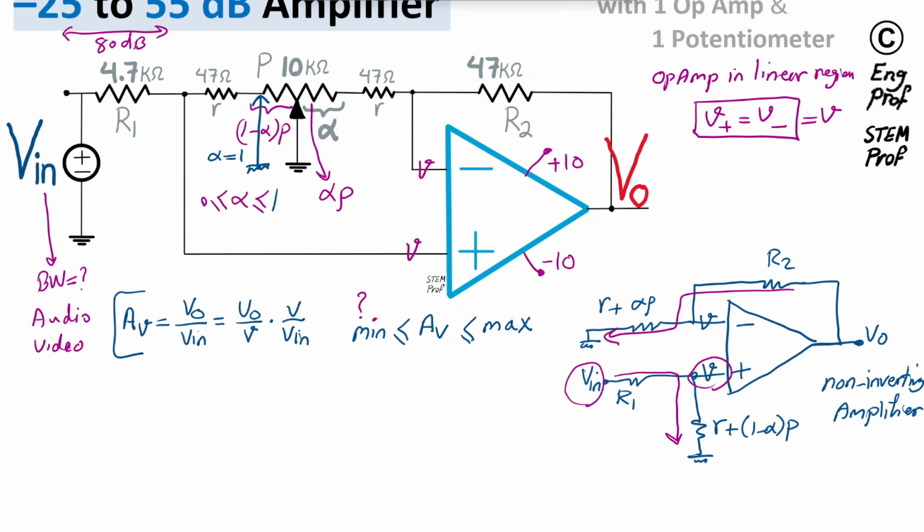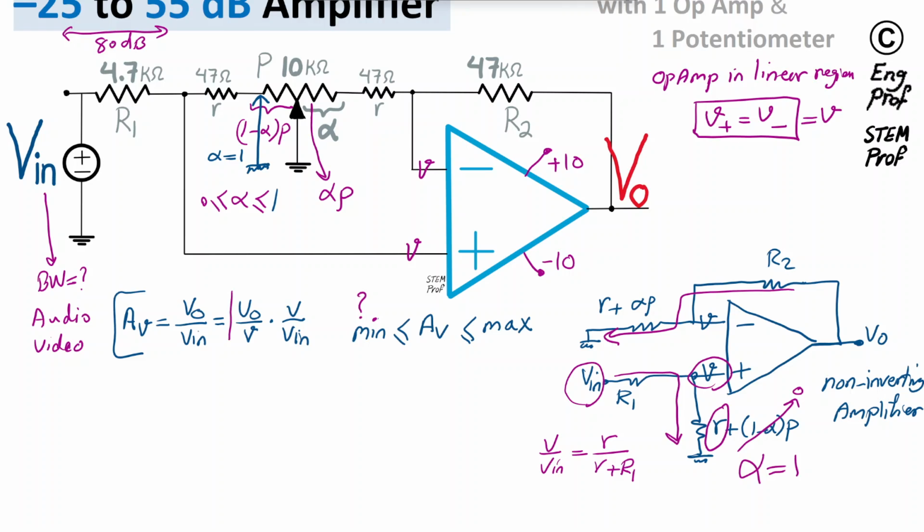Well, that means that the only resistor then is the small resistor R. So with alpha equal to 1, this becomes 0, and therefore we just have R. This whole thing is 0. And the voltage division here becomes R, so V over Vn becomes R over R plus R1.